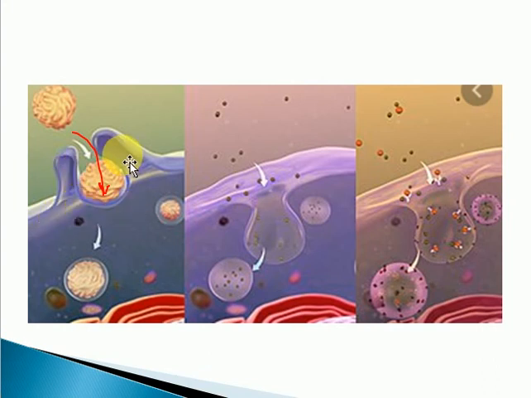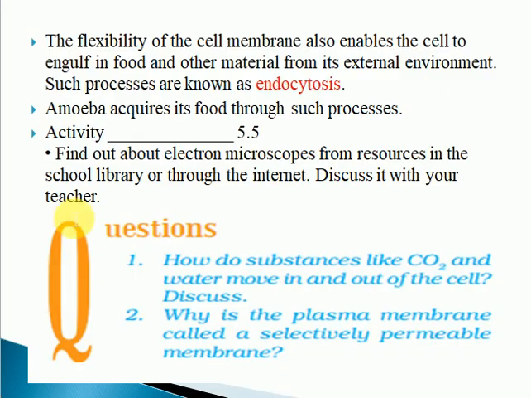If it was not flexible, then this process would not have taken place. This process of acquiring food in this manner through the membrane is called endocytosis. So amoeba acquires its food through such processes.